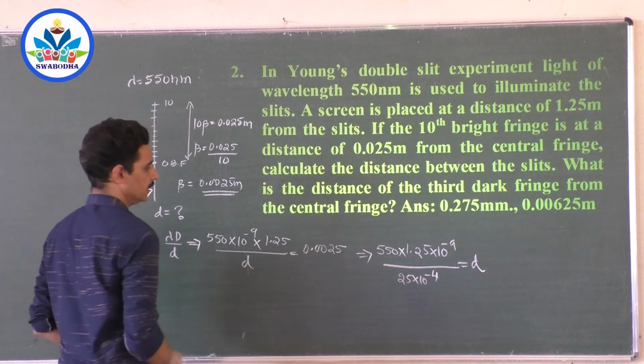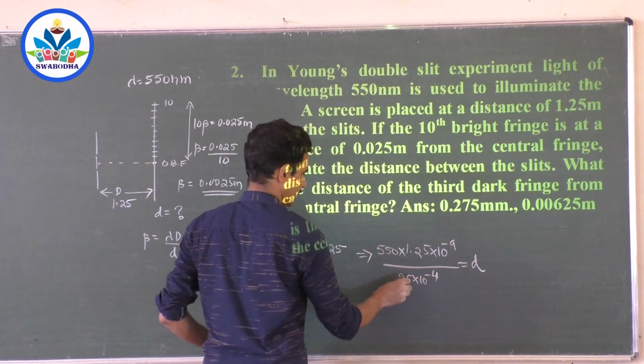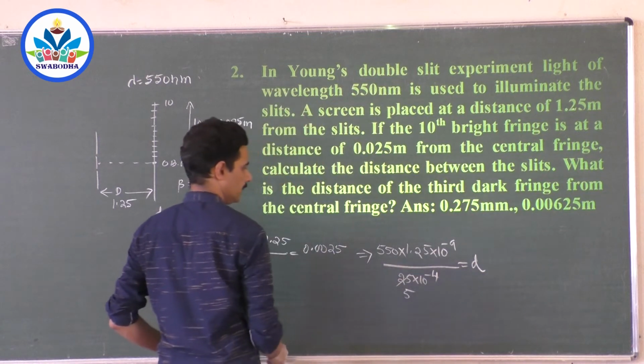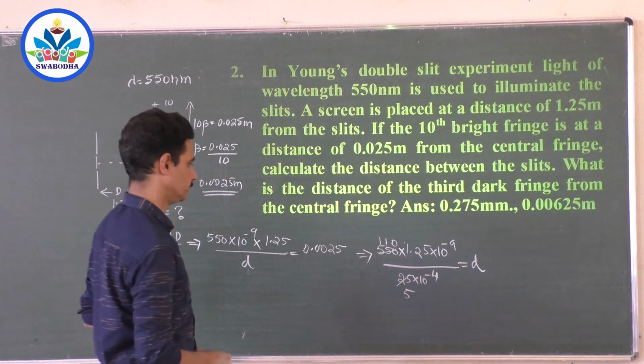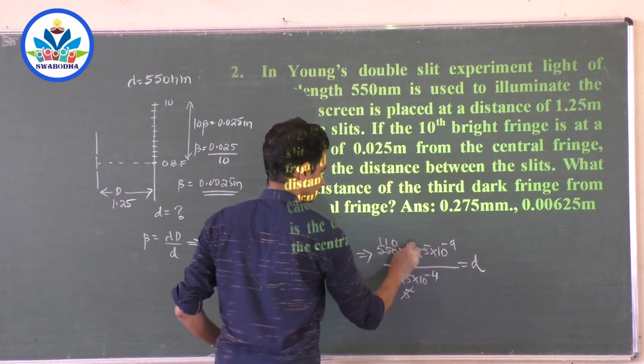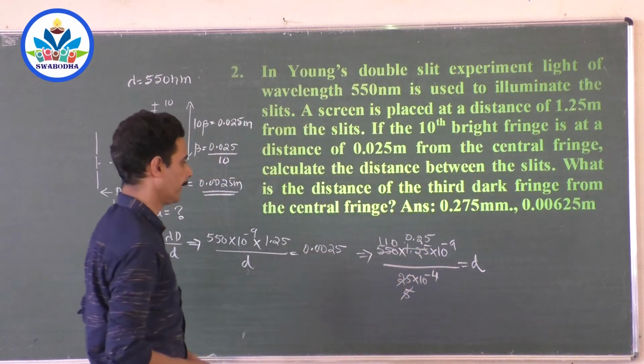D I have brought here. What else will remain? 5 5s are 25, 5 2s are 10, correct?